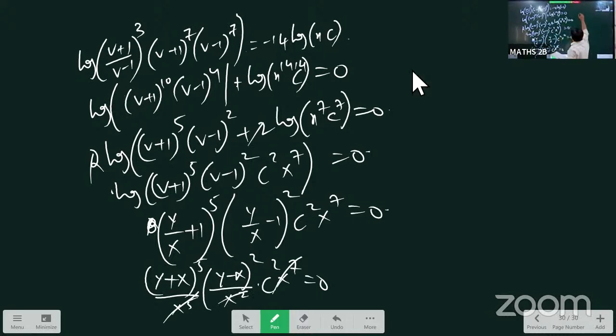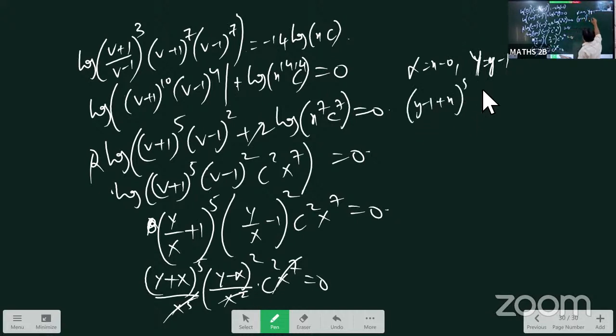Now, capital X is what? Small x minus 0. Capital Y is what? Small y minus 1. Now replace it. So (y minus 1 plus x) whole power 5 and (y minus 1 minus x) whole square, C power 7 equal to 1. When I remove log, what I get? Log this side, right?